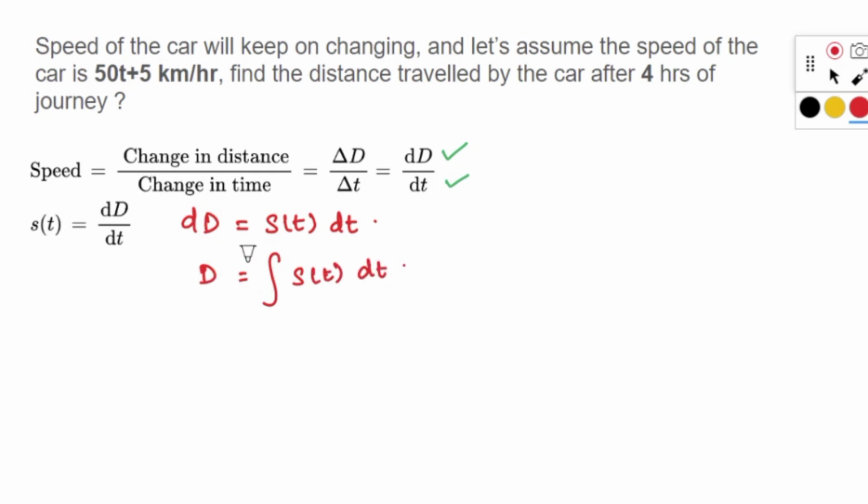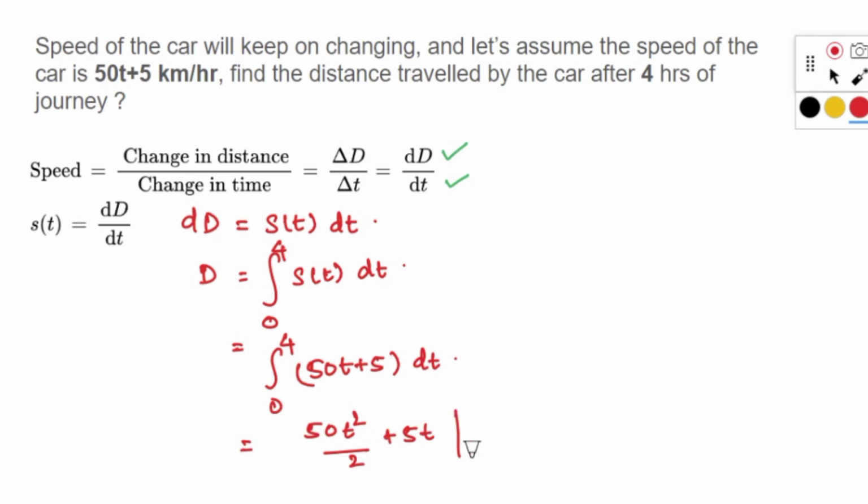This integration is going to add all the distance covered by the vehicle from 0 to the fourth hour. So I am integrating from 0 to 4. If you substitute s of t, this is going to be the integral of 50t plus 5 dt. If you integrate, this is going to be 50t squared by 2 plus 5t, from 0 to 4. So you will get 420 kilometers.